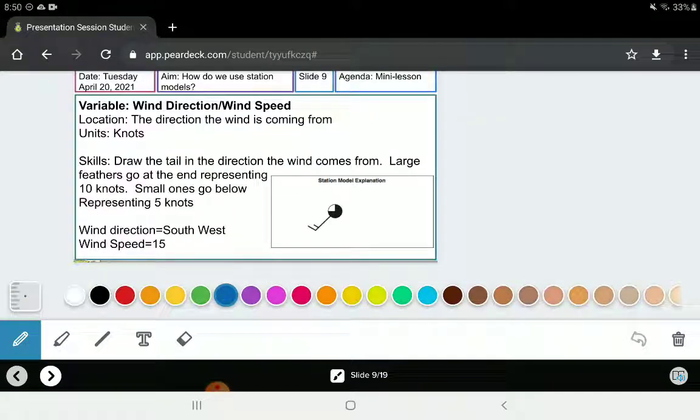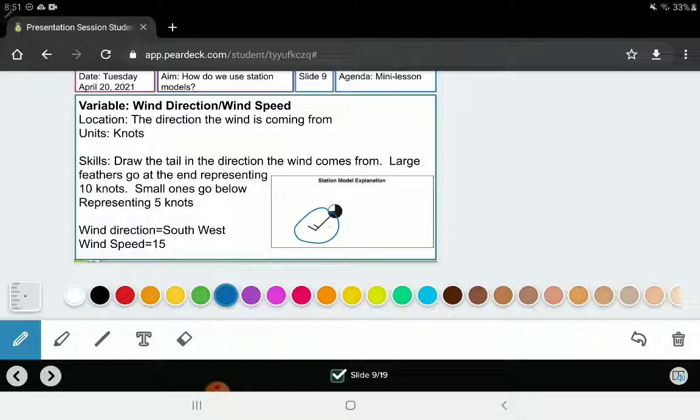Our next variable is wind direction and wind speed. For the location, you're going to look at this arm, and it's going to be where the wind is coming from. The wind direction is where the wind is coming from.